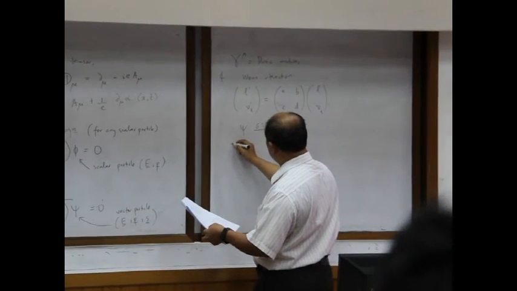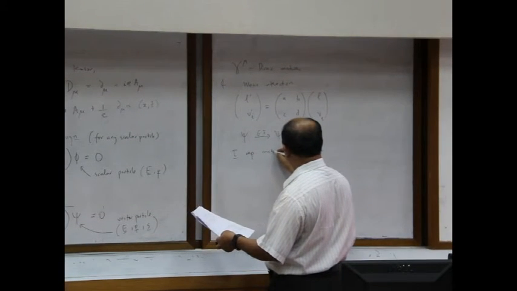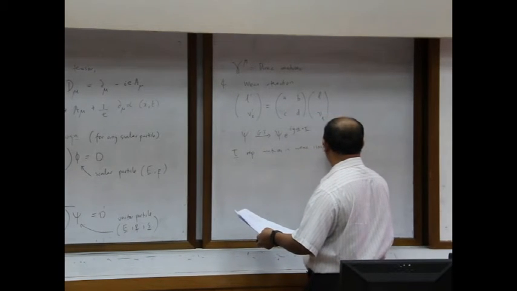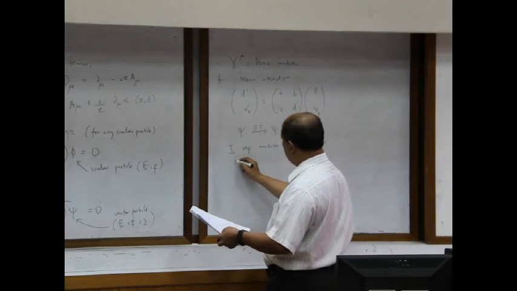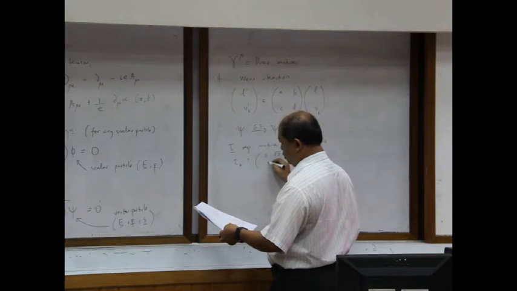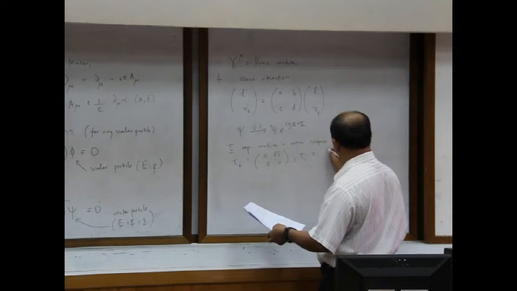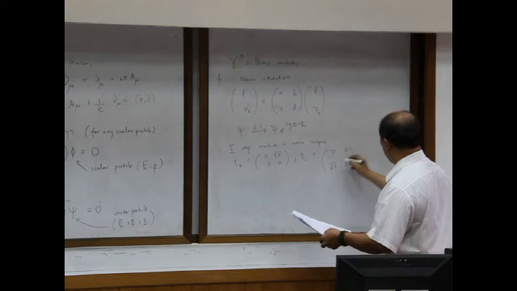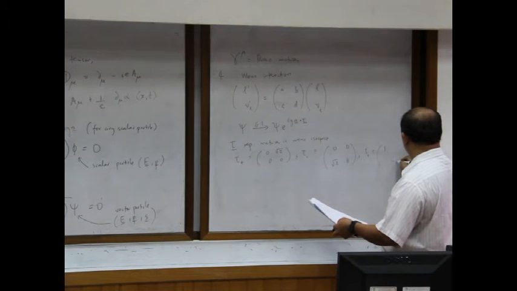So tau represents matrices in weak isospace, and in general you have tau plus, 0 square root 2, 0, 0; tau minus, 0, 0, square root 2, 0; and tau 0 would be 1, 0, 0, minus 1.